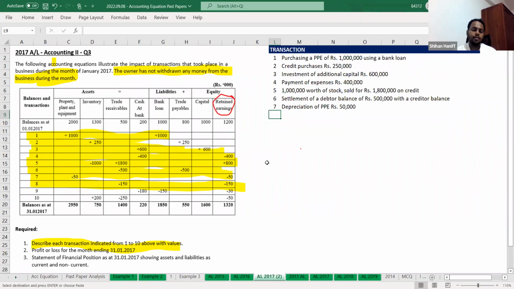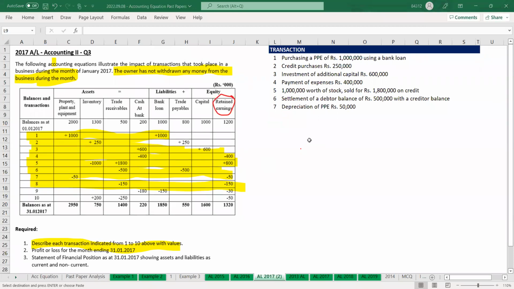What is number 8? Number 8, it is not payment of debtors.